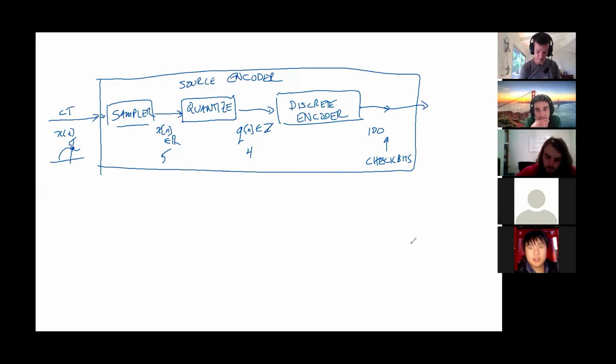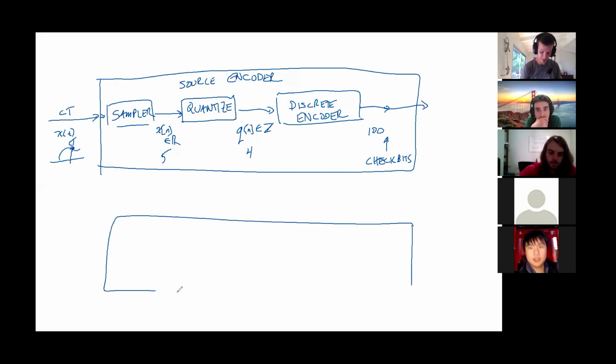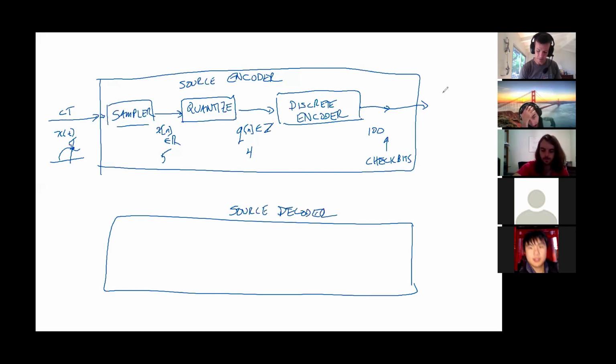So then the source decoder, and then this is the channel coding, etc. So we need to take a sequence of bits and put them through the opposite of a discrete encoder, which would be a discrete decoder.